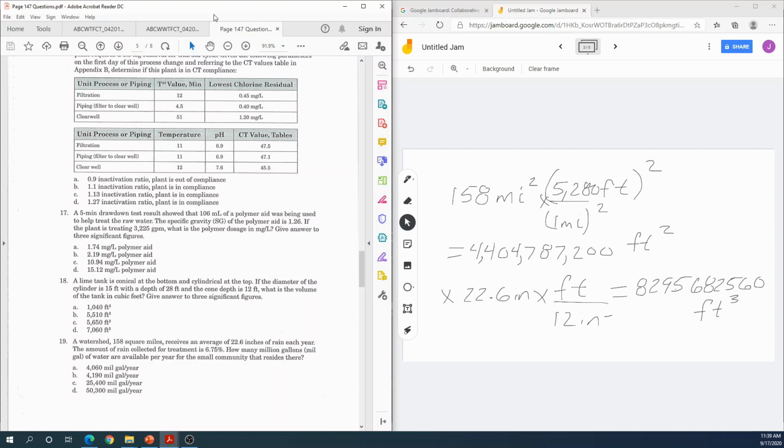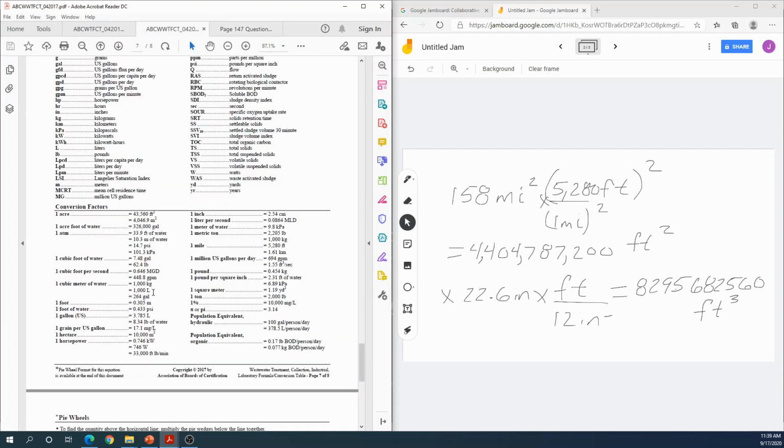So now let's convert this into million gallons. So we know that one cubic foot of water is 7.48 gallons.